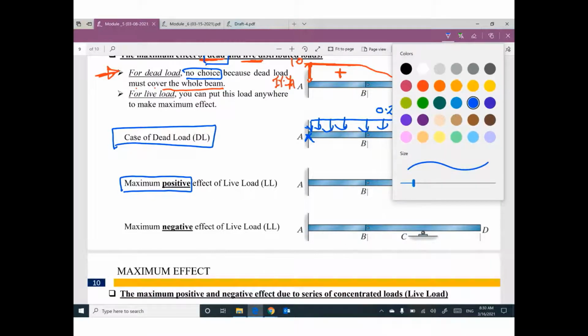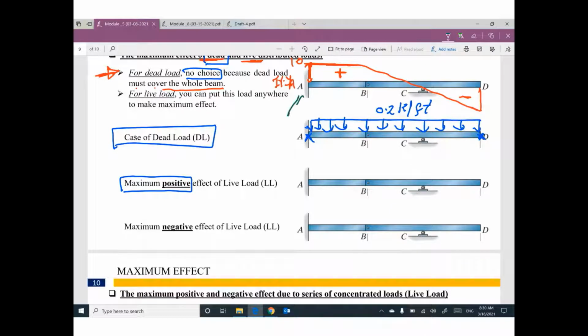At this time, we need to look at YA. Where is the positive diagram of YA? I think the positive diagram is from this point C to this point A. Okay, go ahead and put live load at this location only. If you put live load at this location only, believe me, this position of live load can give you the maximum positive effect.